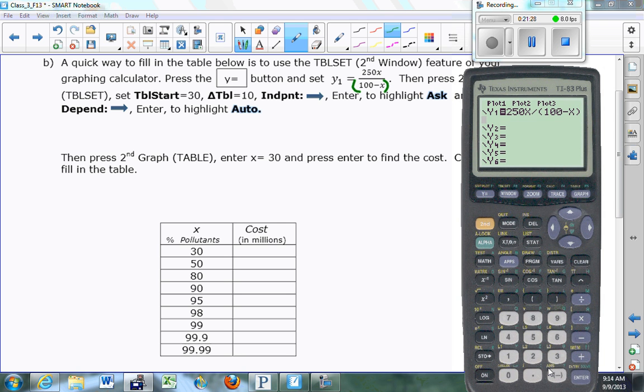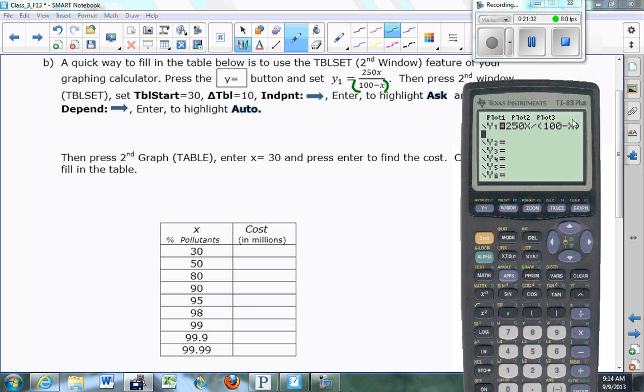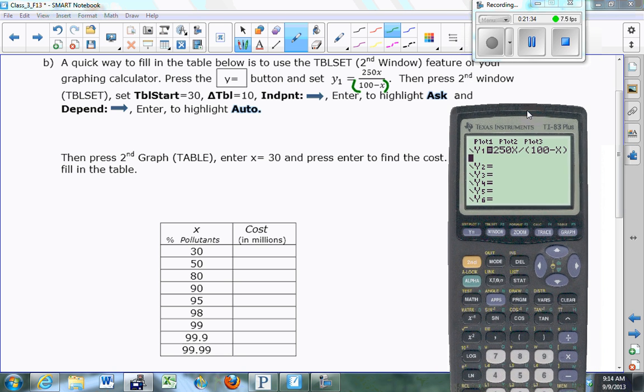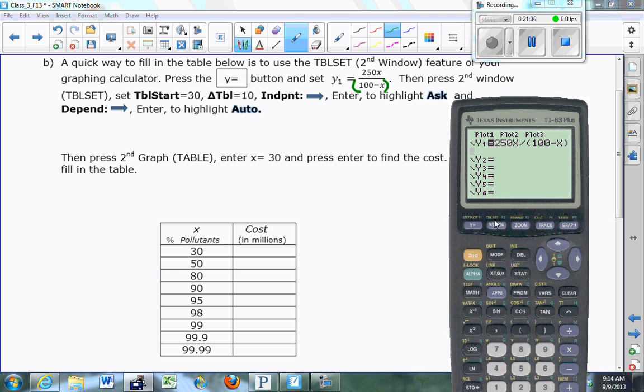Now the really cool thing, once you've entered your expression, is you can get all these values all at once. So then you press second window. You see right above window, you see TBL set. That means set your table, right? We're going to have dinner. So you hit second window. And now it says, where do you want to start? So we're going to start with the value 30.